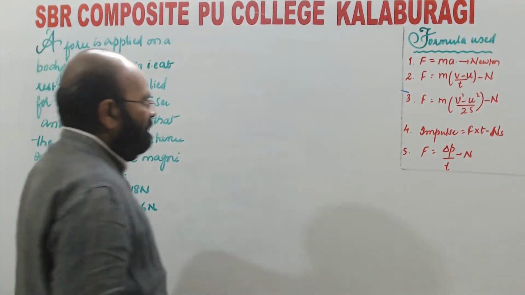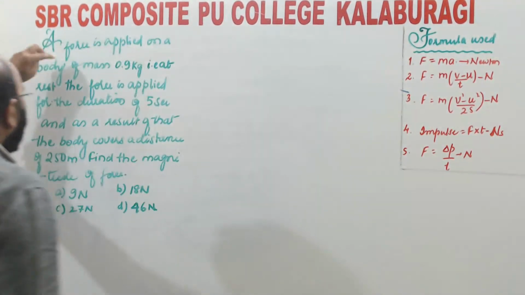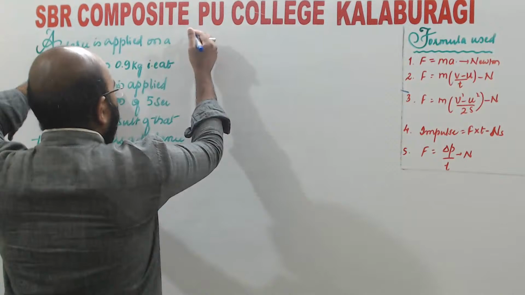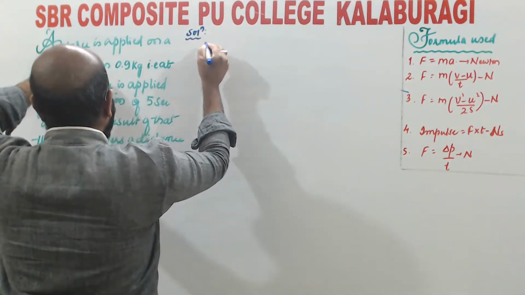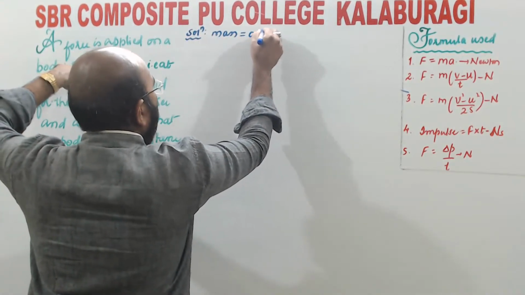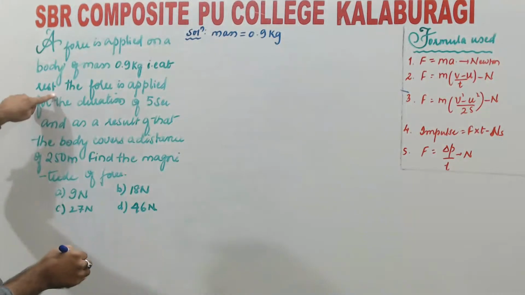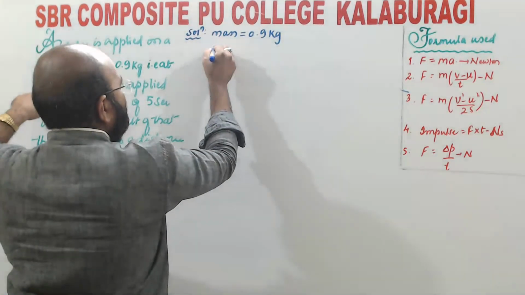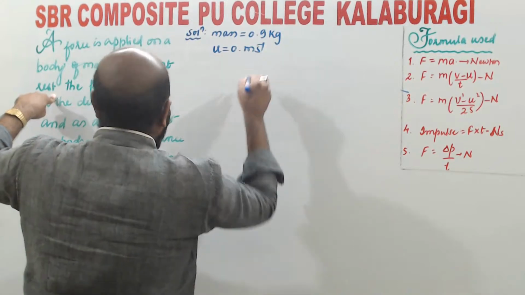Mass is given as 0.9 kilogram. It is at rest, which means initial velocity u is equal to 0 meter per second.